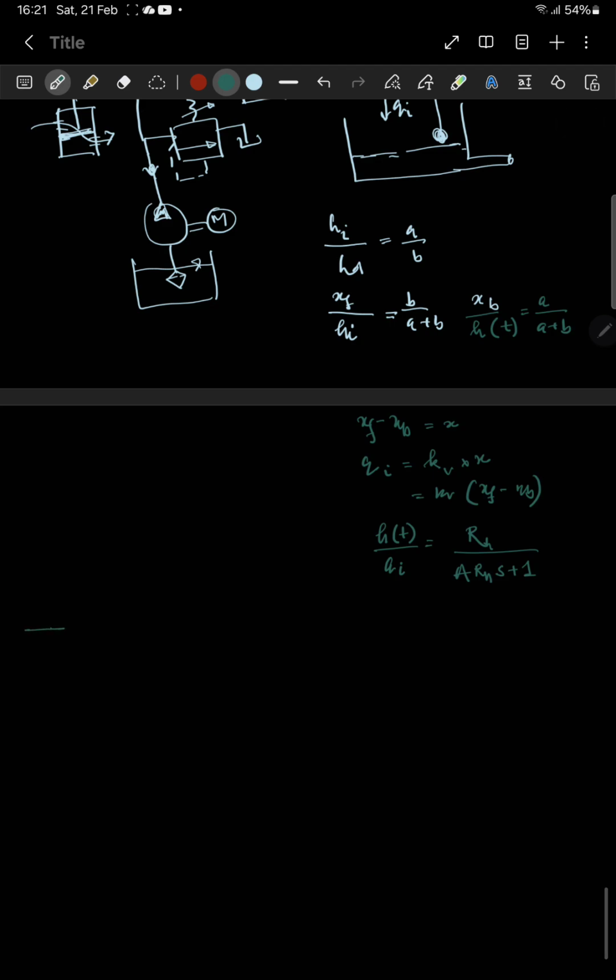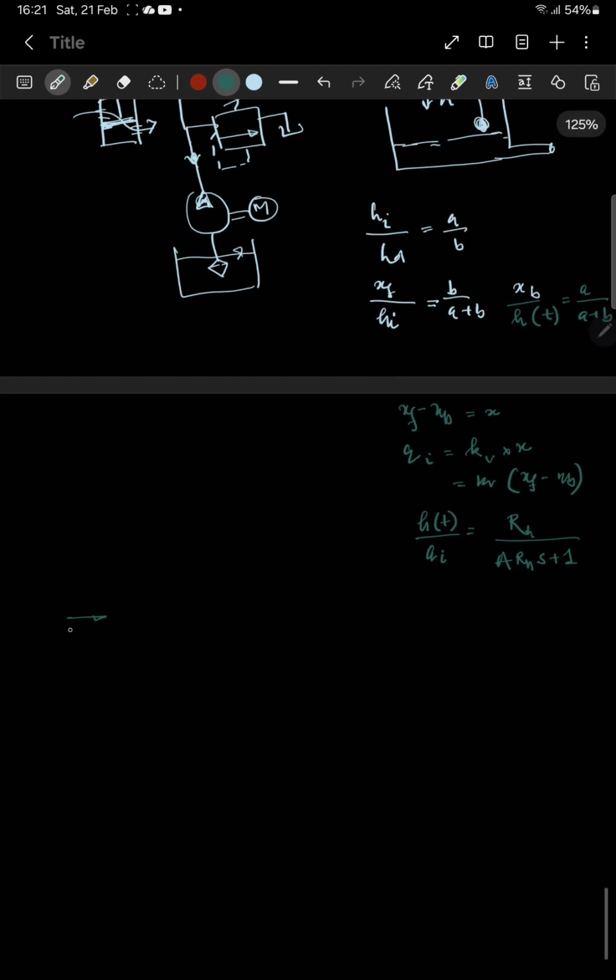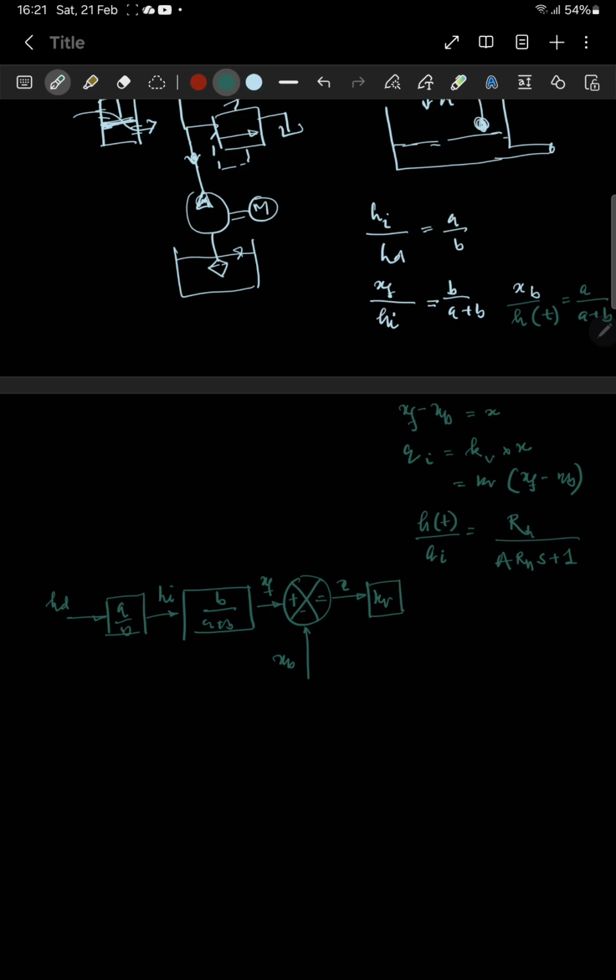Let me make the block diagram. What enters is hd, the demand. It goes to a by b, what I get is hi, now into b by a plus b, this is xf, minus xb, this x into Kv gives me qi, then Rh by A Rh s plus 1.